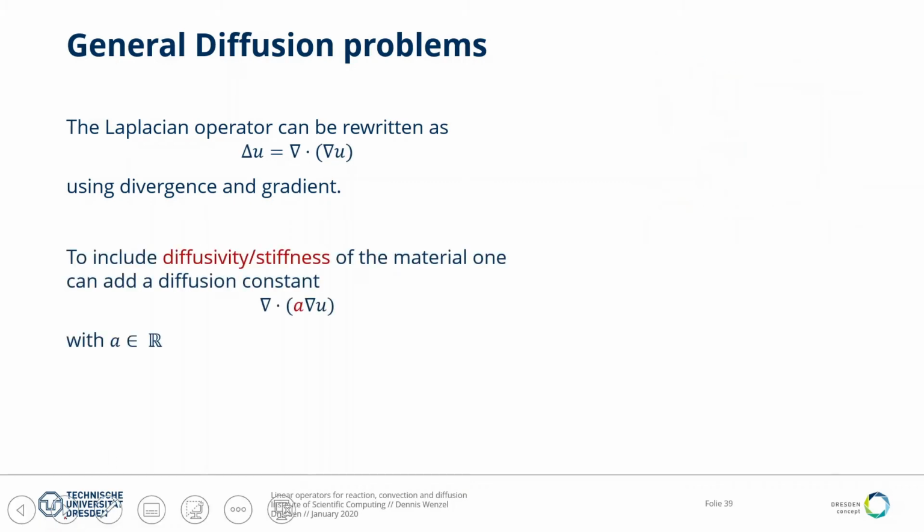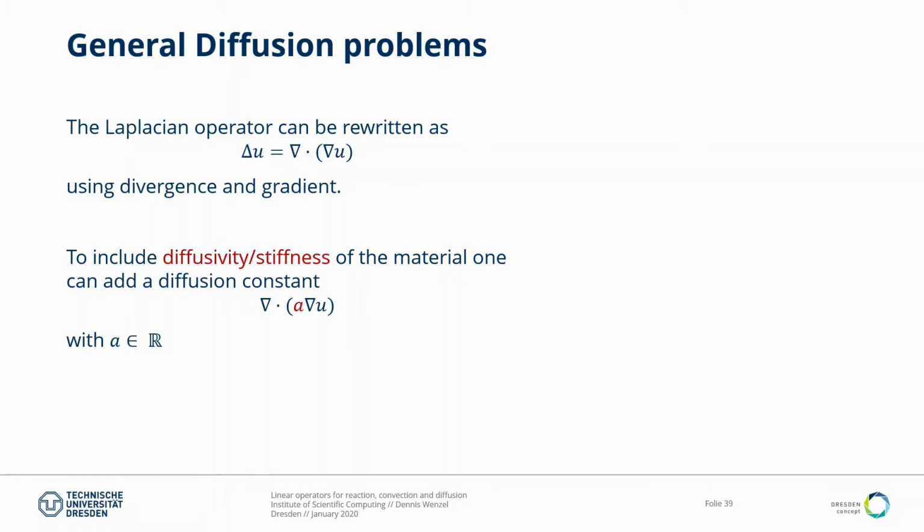And then if you include a diffusivity or stiffness constant inside of this divergence, then this can represent the material properties. We have discussed this already in the applications of those integrated circuits, where the individual parts of the wafer had different electrical permittivity.